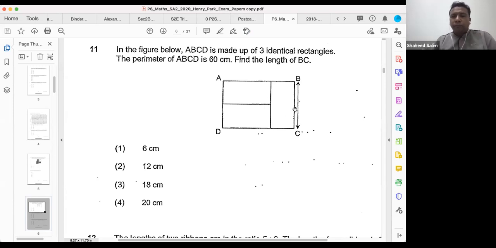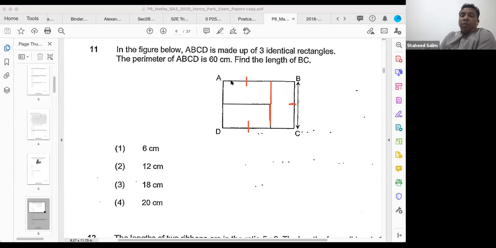Number 1 is for 1 unit, but it's not BC. Here you see the length is made up of 2 breadths. So I can cut the length into 2 breadths. Answer number 2, well done.